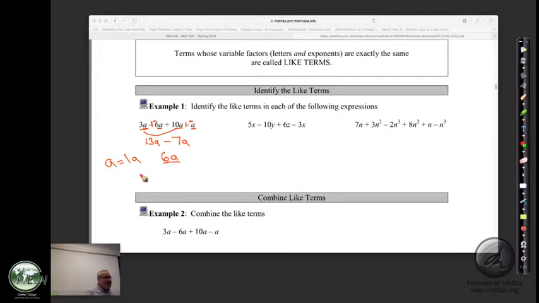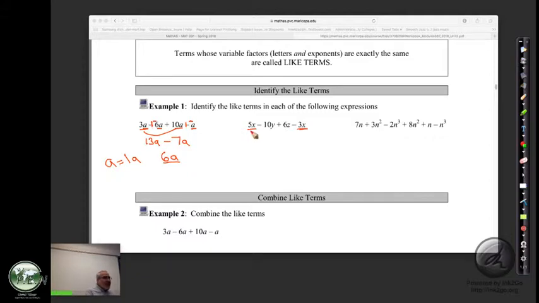Good. So how about these middle ones? Which ones are the like terms? 5 and 6. You've got a 5x and a 3x, or negative 3x. So yeah, you're looking at the variables, the letters. How about the middle, the 10y and the 6z?